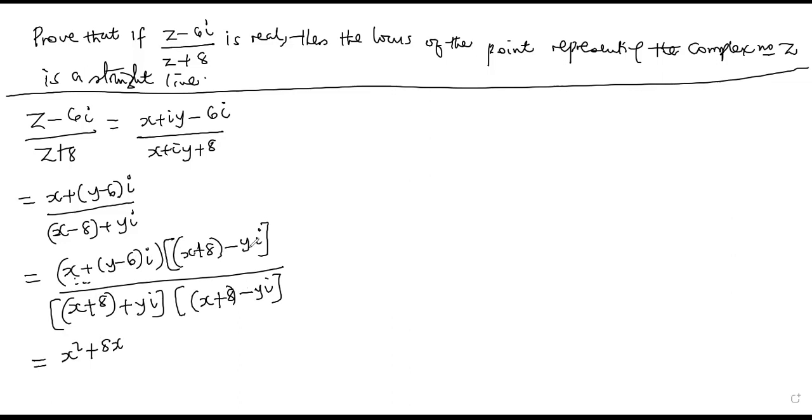Then when you multiply it here, you get minus xyi.